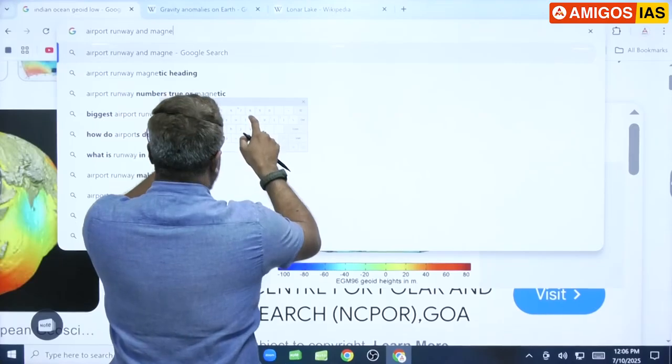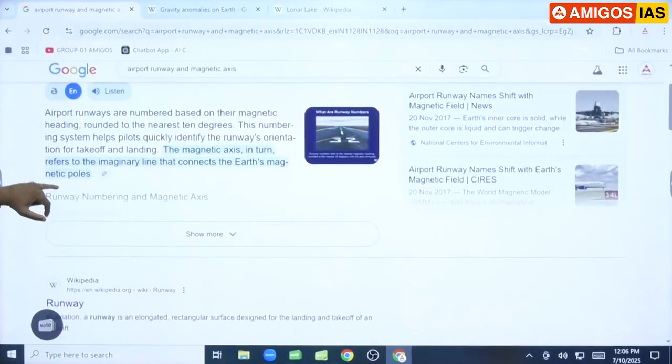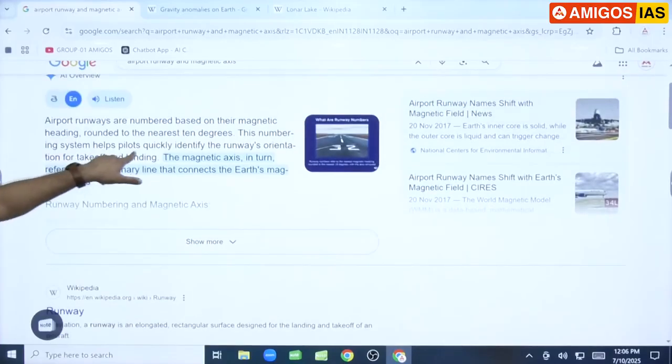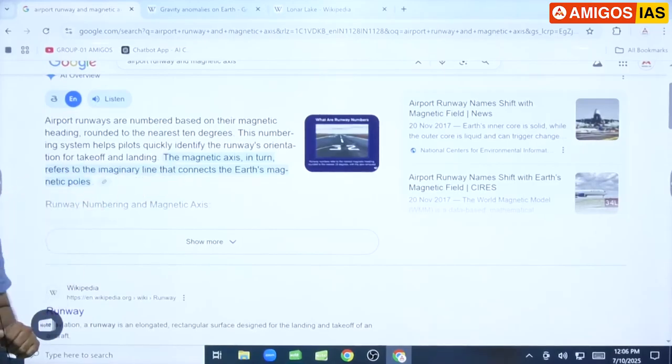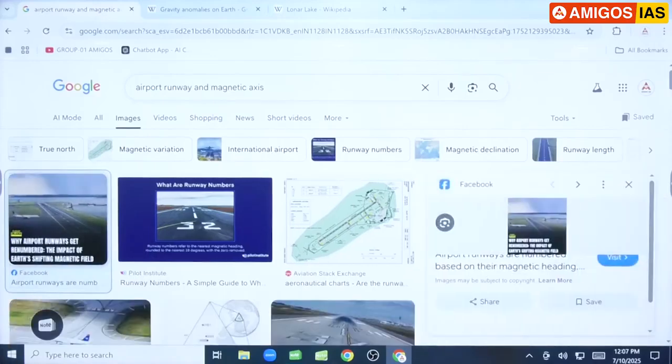We call it magnetic heading. I'll call it magnetic axis. It helps the pilot quickly identify the runway's orientation for takeoff and landing. Magnetic axis in turn refers to the imaginary line that connects Earth's magnetic poles. So remember this. This is the article.